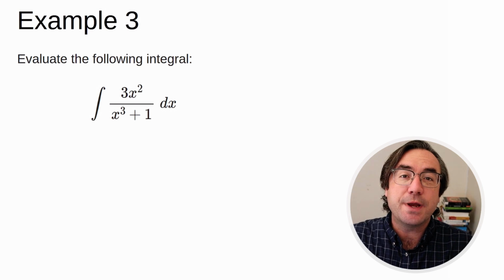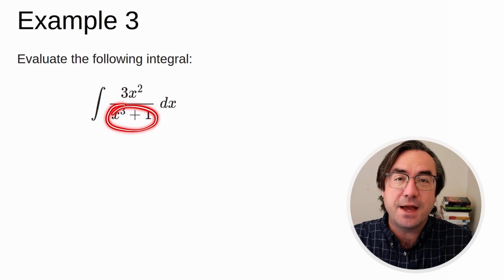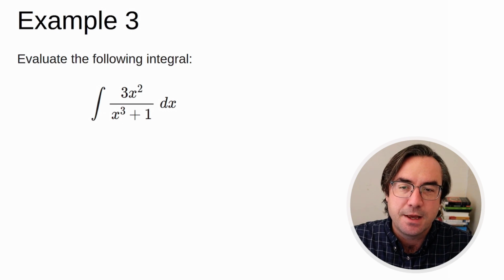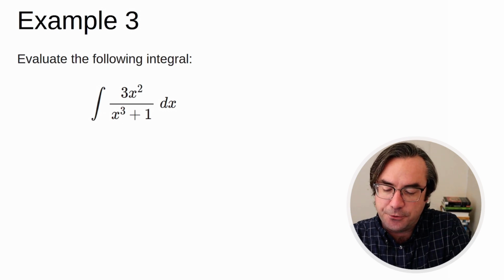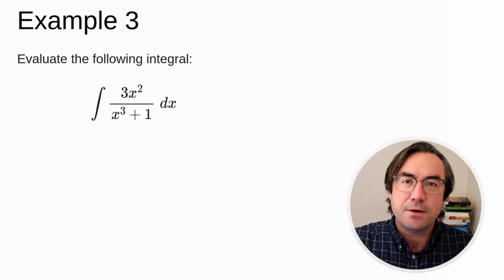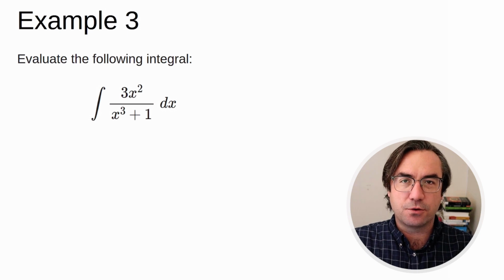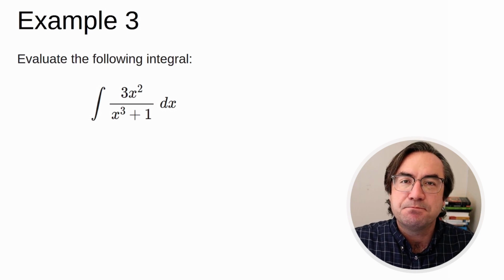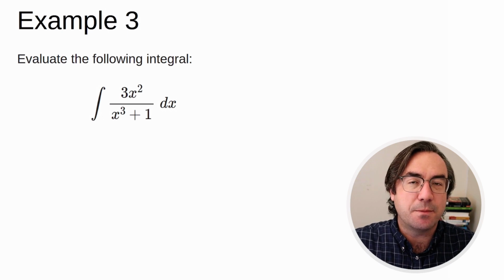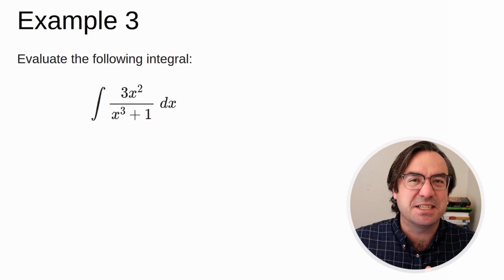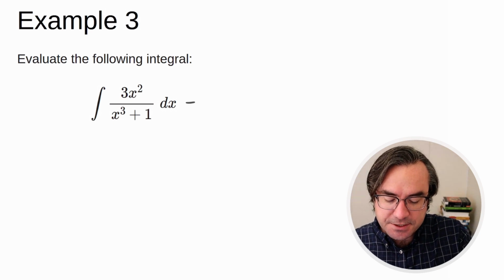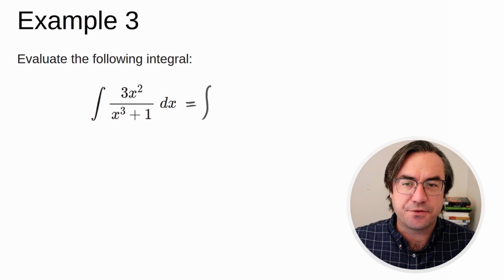We have the integral of 3x squared over x cubed plus 1. All right, so what are we going to do? Well, a helpful thing when we have a more complicated integral like this is to try and break the function apart to look at the pieces. And that's what we're going to start with.